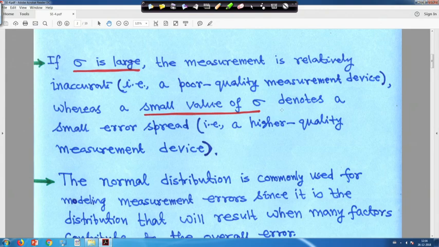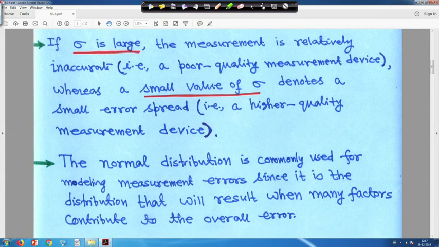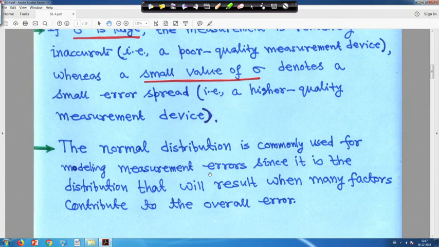Whereas a small value of sigma, when the standard deviation is very low, denotes a small error spread, that is a higher quality measurement device, right. Now, the normal distribution is commonly used for modeling measurement error, since it is the distribution that will result when many factors contribute to the overall error, right.